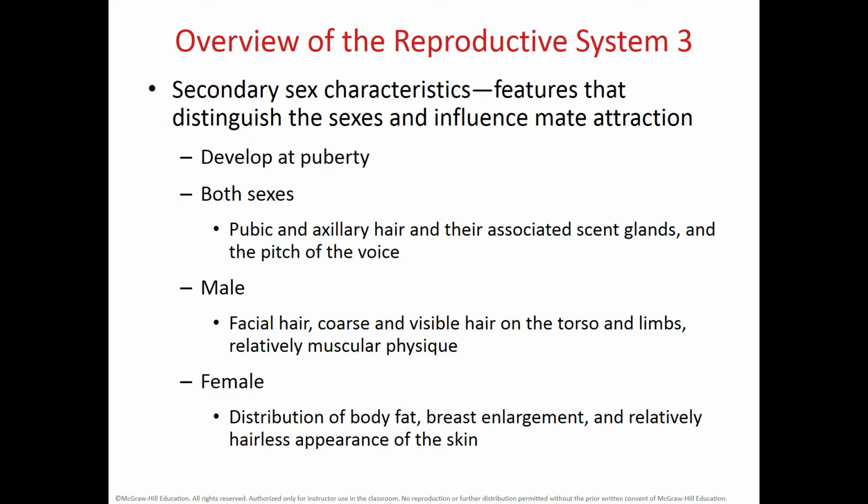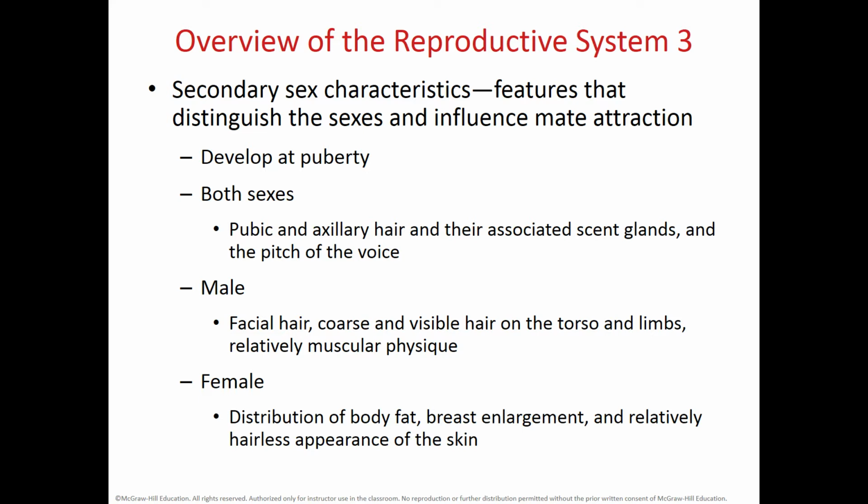Then you will have a change in the pitch of voice for the males. And then in the males, you will have facial hair developing. Also, you will have visible coarse hair on the torso and the limbs, and increasing muscular mass.